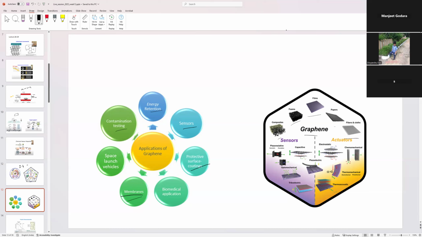It can be used for actuators, sensors, and capacitive sensors, as you can charge the graphite. You have a parallel plate capacitor structure formed by the graphite sheet, piezo resistor, optochemical, and triboelectric, where one surface of the graphene is rubbed against another material and generates electricity. Lots of applications.